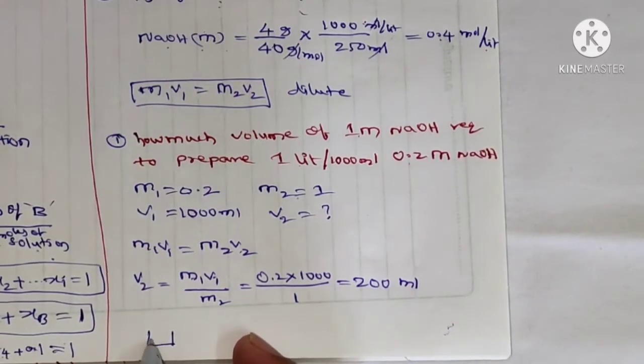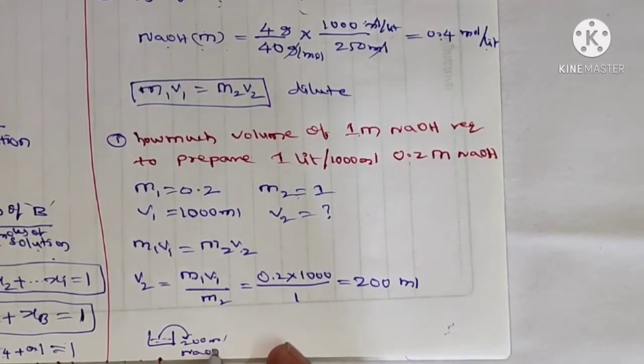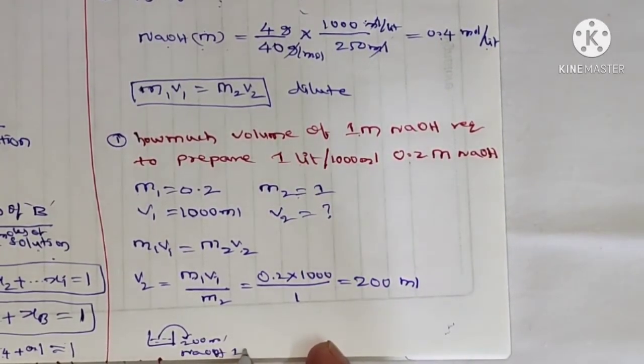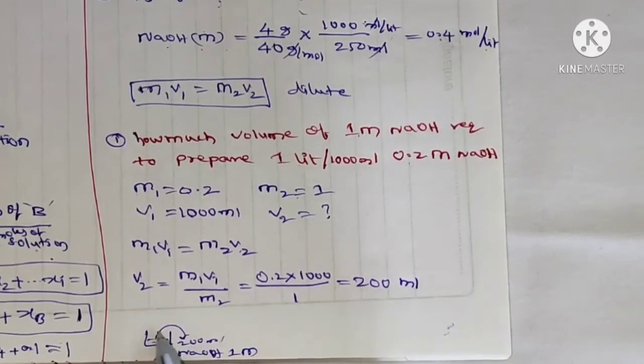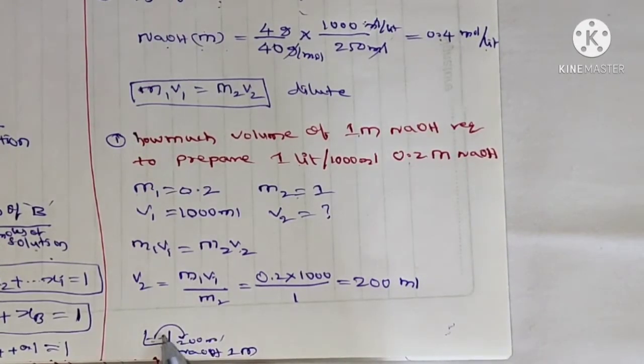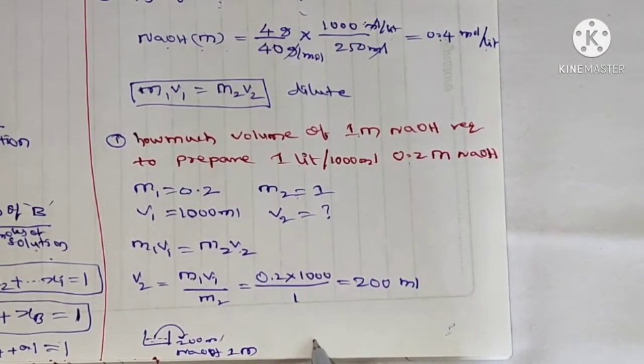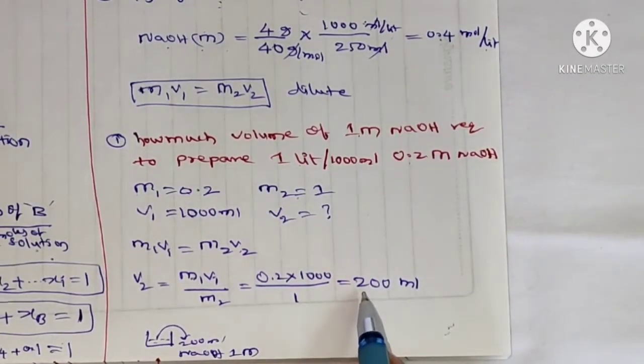So this is the 200 ml NaOH. The molarity is 1 M. Take 200 ml of 1 M NaOH and make it 1000 ml with distilled water to get 0.2 M NaOH.